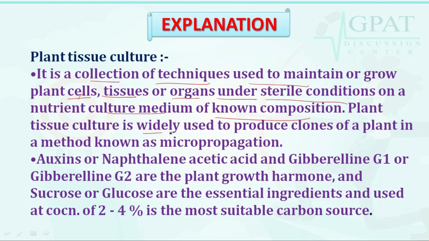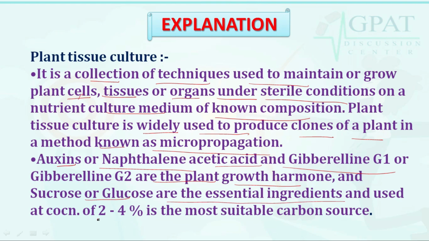Plant tissue culture is widely used to produce clones of a plant in a method known as micropropagation, where auxins or naphthalene acetic acid and gibberellin G1 and G2 are the plant growth hormones, and sucrose and glucose are the essential ingredients used at a concentration of 2 to 4%. Students, sometimes the concentration will be asked, so please try to note this down. It is the most suitable carbon source.